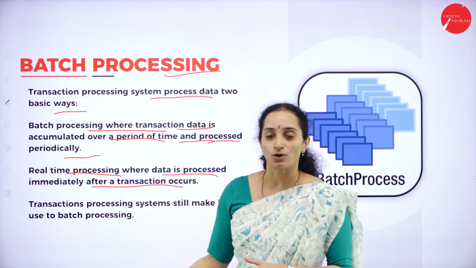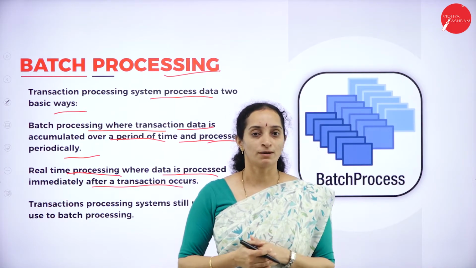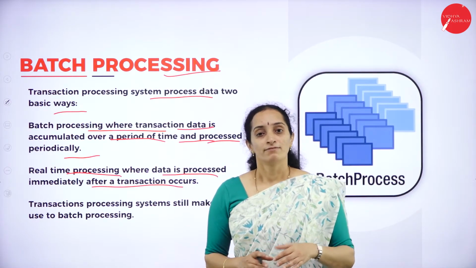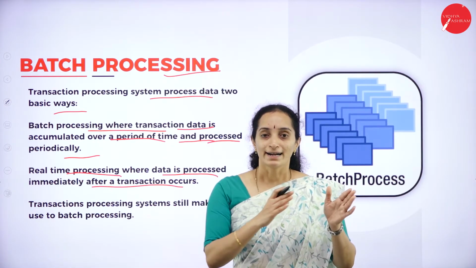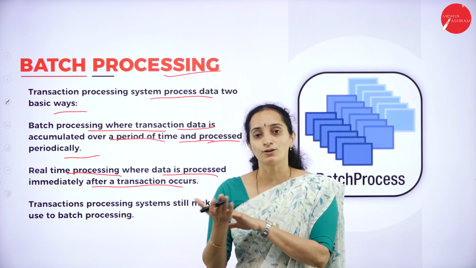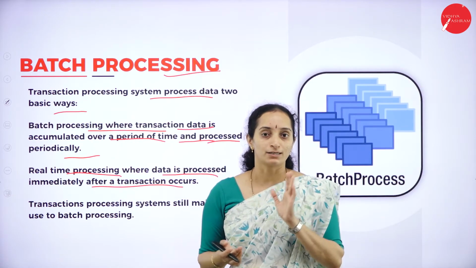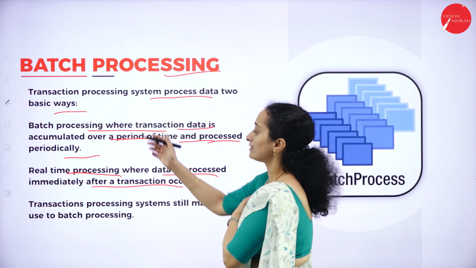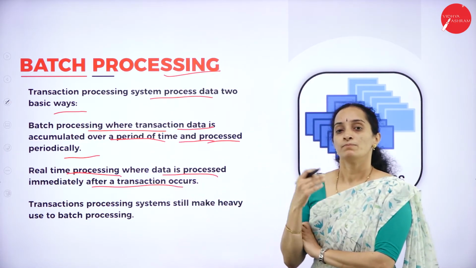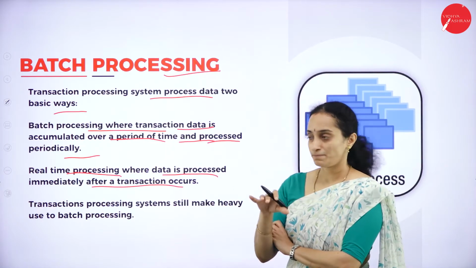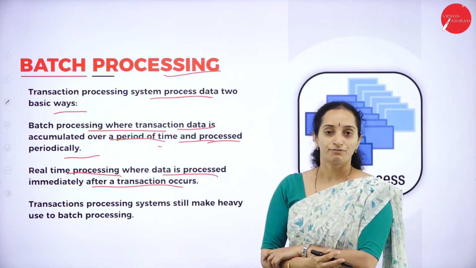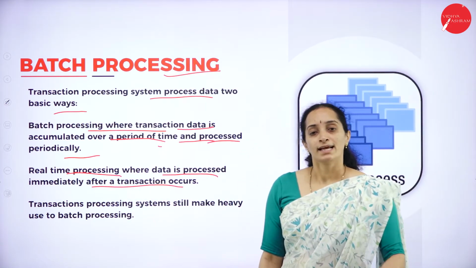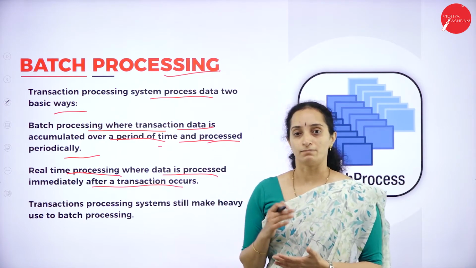We can have a written document and then enter the details into the computer. This is one method. Another method is that we directly enter into the computer and take a hard copy print of the entered document, which is called real-time processing. Batch processing is where data entry is done in a particular period of time, not every time. Real-time processing is entering the data as and when it comes to us.